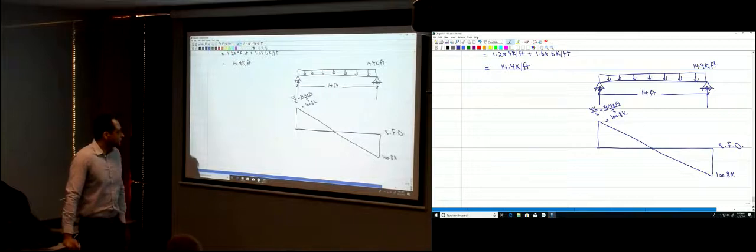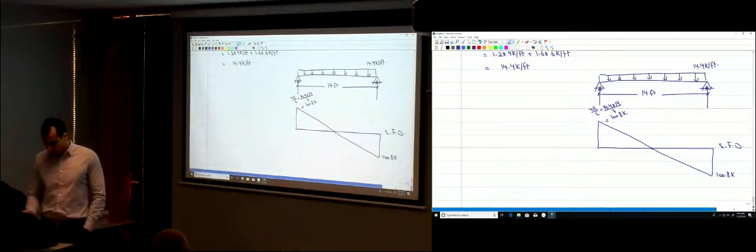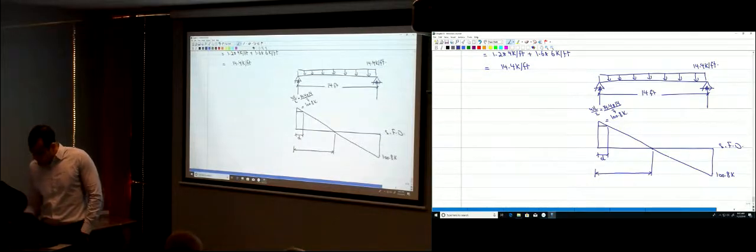Exactly. Definitely, if you use the 108, that's not going to be a wrong design, but you're going to put more steel required. So actually, I'm going to design it at a distance D from the support. So I'm just going to move a distance D here. How much is this distance from here to here? 7 feet.